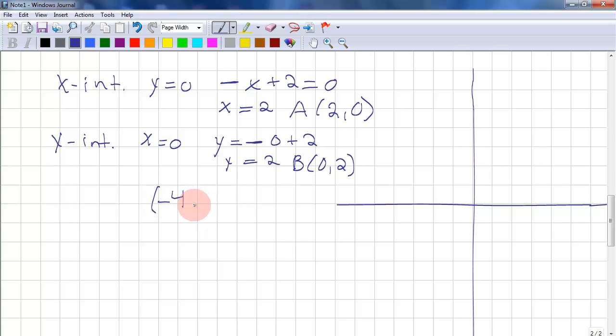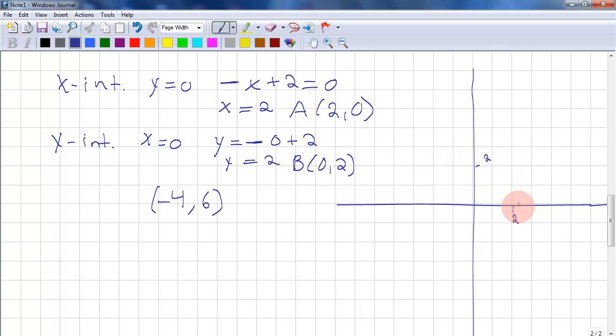Okay, now if I were to graph these points, keep in mind we found the hole, which was negative 4, 6. I'm going to start off with the intercepts because those are easier to graph. So let's say each of these squares is 2. Because 2, 0 and 0, 2.